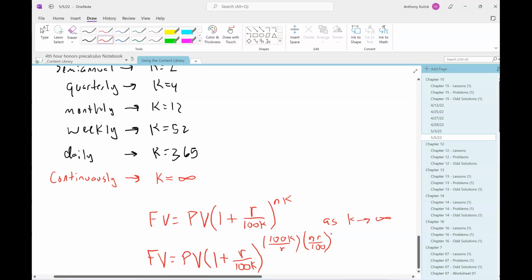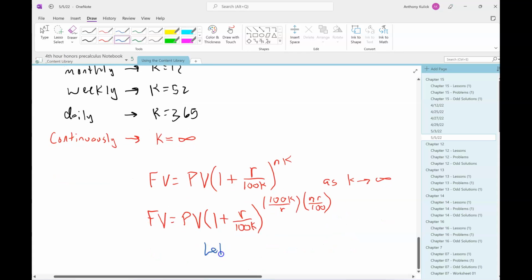And you might say, Mr. Kulik, why in God's name are you doing that? Well, if you look at those two fractions, when I multiply them together, I'm still getting nk. Right? Everybody agree? So it's still the same thing. And you're going to see why I did that in a moment. But I just want to make sure we're clear that this is still the same thing that we had before, right?